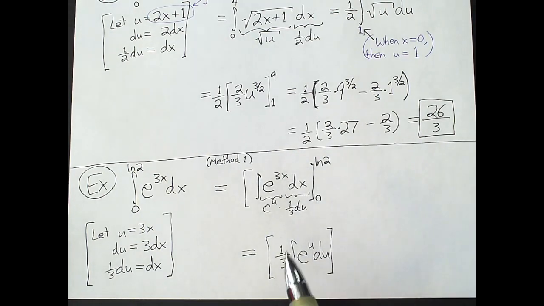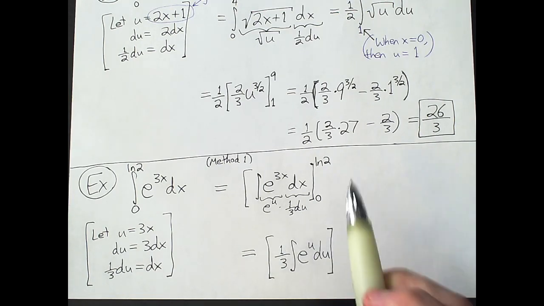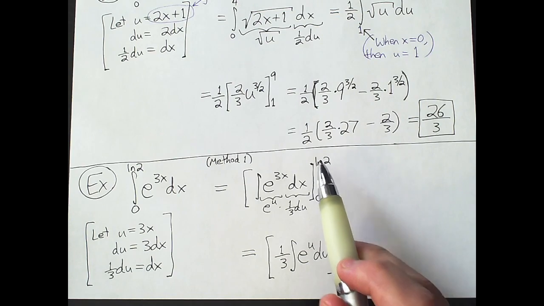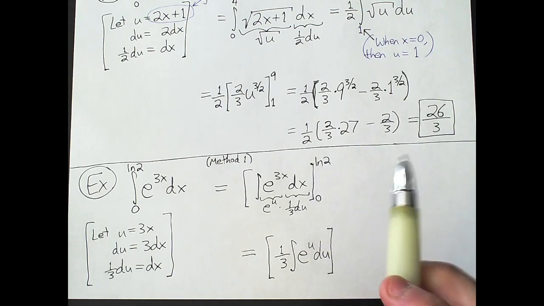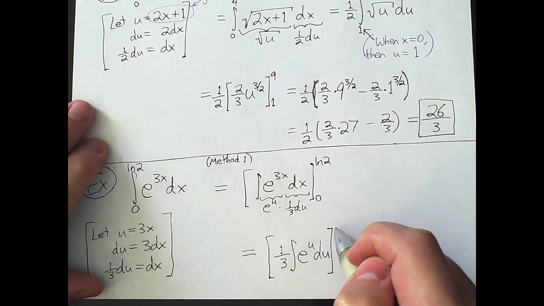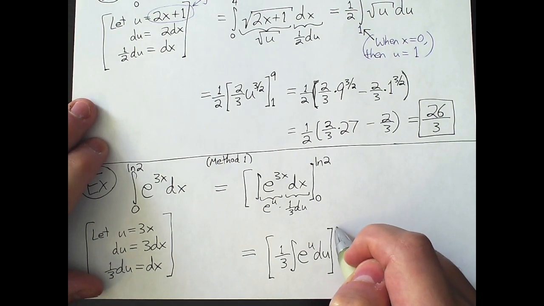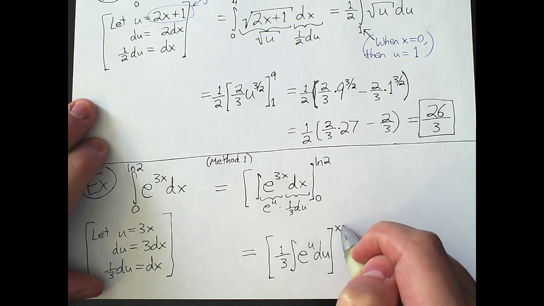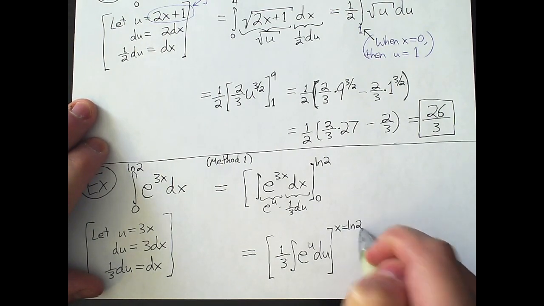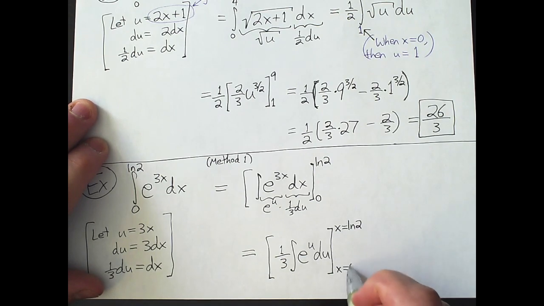If we were doing method 2, we would adjust the limits of integration, but I'm not going to do that. There's still going to be ln2 and 0. But just to make it extra clear that these are x values, I'm going to write x equals ln2, x equals 0.